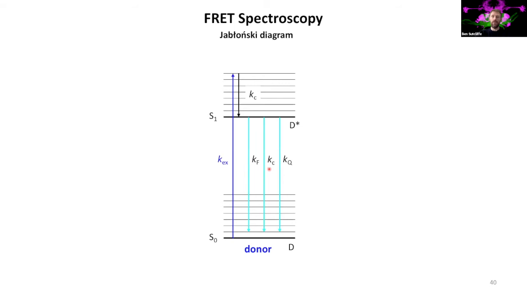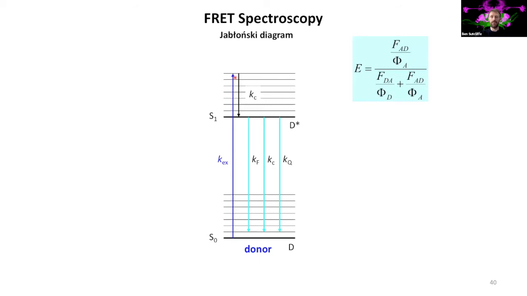Here's a Jablonski diagram showing what's happening inside the fluorophore. When you excite the fluorophore with the right excitation wavelength, you get a photon driving an electron up into the excited state. And from here, you can look at various different things in FRET.